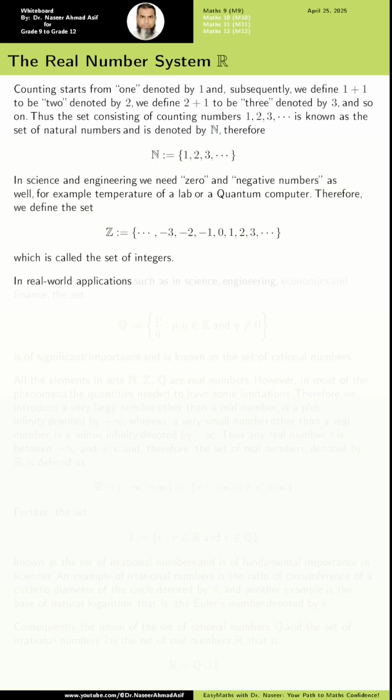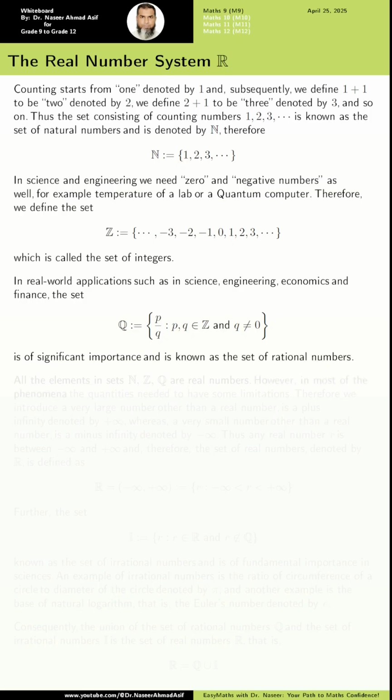In real world applications such as in science, engineering, economics and finance, the set Q, defined as p by q, where p and q are integers and q is non-zero, is of significant importance and is known as the set of fraction numbers. All the elements in sets N, Z, Q are real numbers.